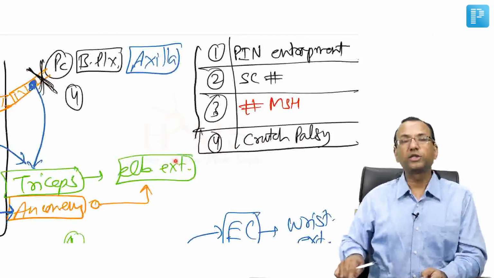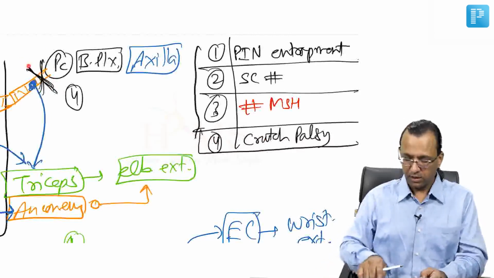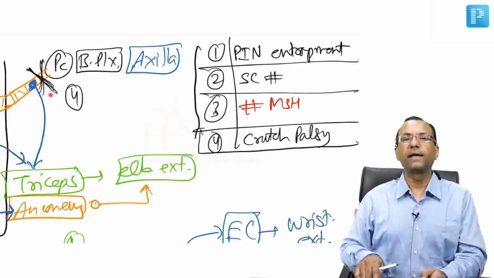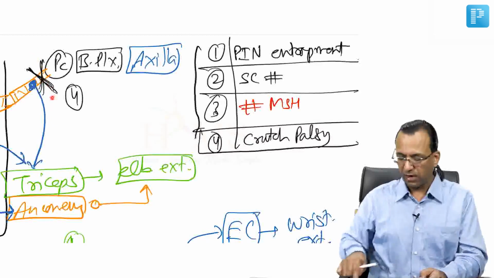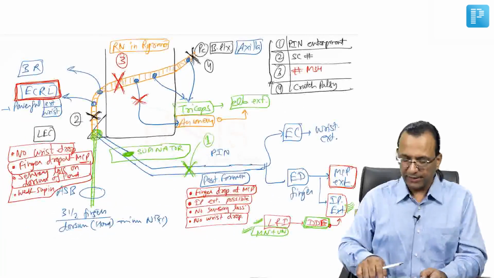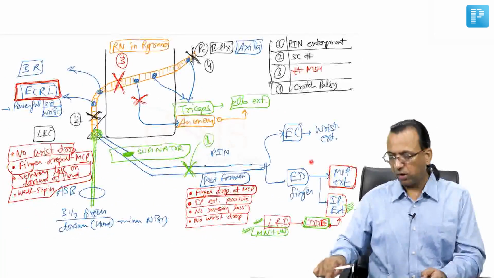So a question comes. When there is crutch palsy and radial nerve injury in the axilla, which extension is still working? Triceps is gone, elbow extension gone. The ECRL is gone, wrist extension gone. The extensor digitorum gone, MCP extension gone.